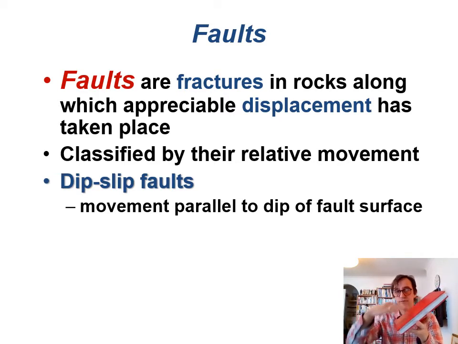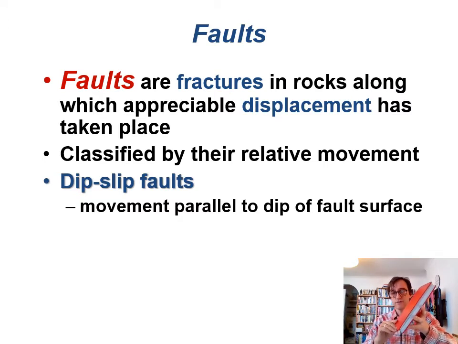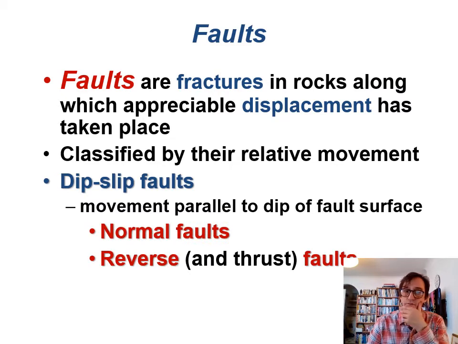It might be 45 degrees, it might be 20 degrees, it might be 70 degrees, but that's the dip angle and that's the direction. So the movement is parallel to the dip. It's either a block on one side of the fault plane moving down, or the block below moving up, as we'll see in diagrams. These are dip-slip faults, and there are two main types: normal faults and reverse faults, and the extreme of a reverse acute angle is called a thrust fault.